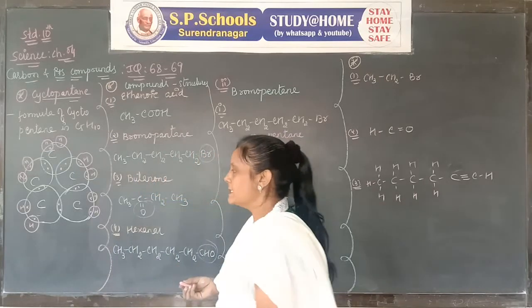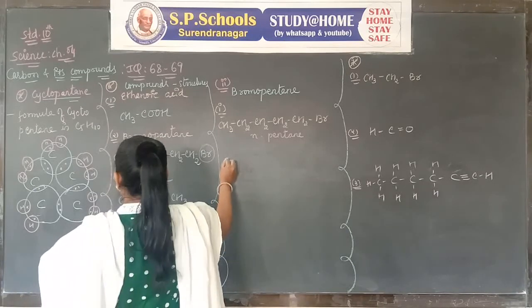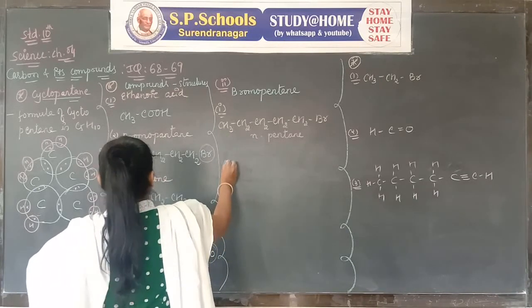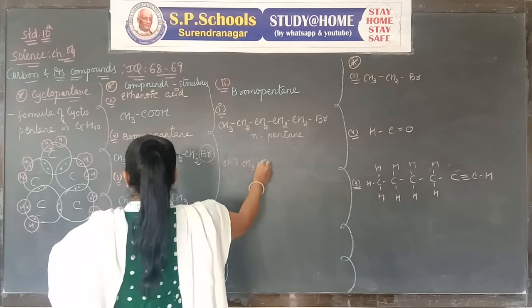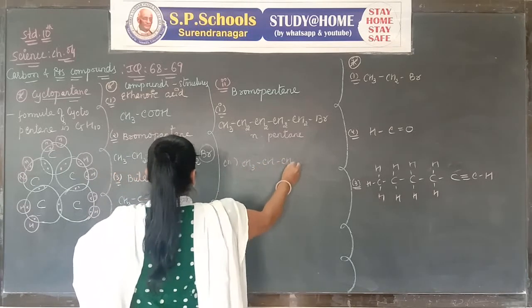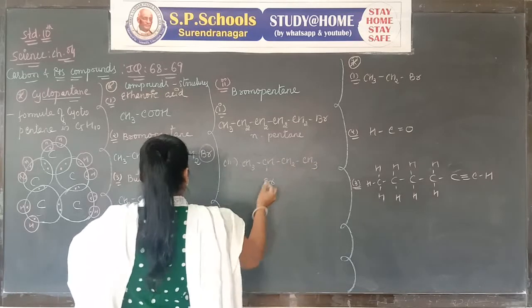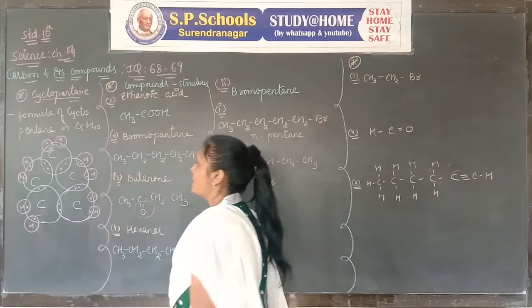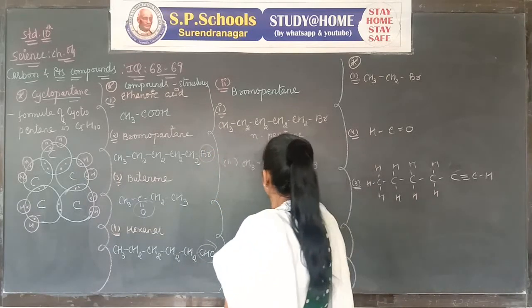In case of the second, we add Br: CH3, CH, CH2, CH3, and on the second carbon we add the Br group.